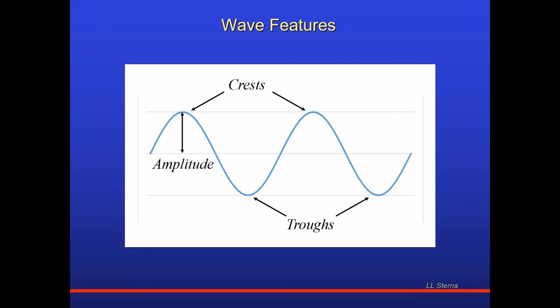Now, from the center of the wave up to the crest, that is the amplitude. It doesn't go from the bottom to the top. It goes from the midpoint to the top. That's the amplitude. If you go from peak to peak, that is the wavelength.